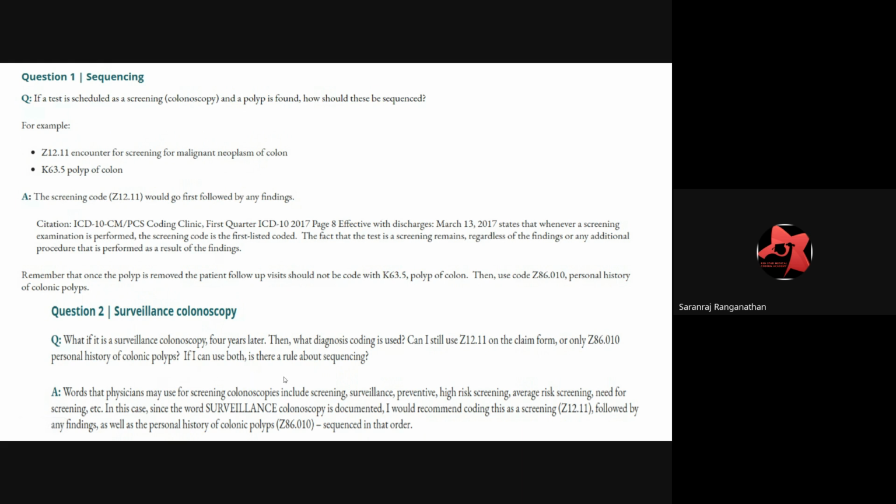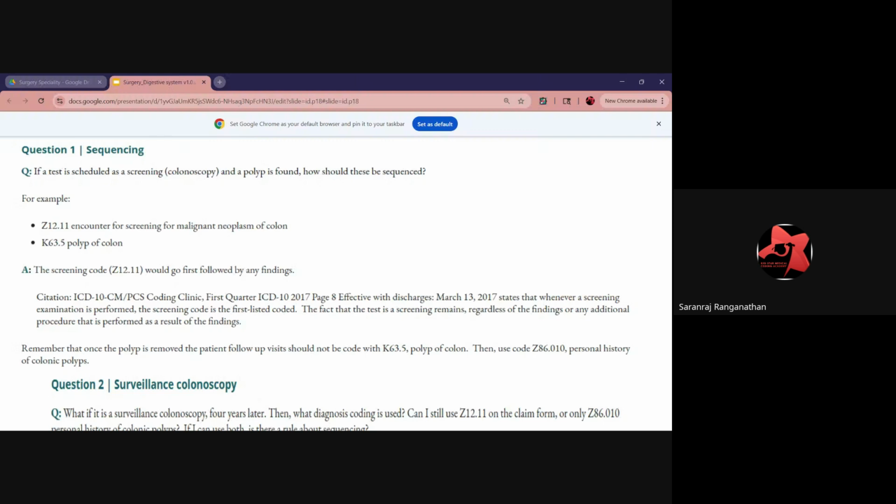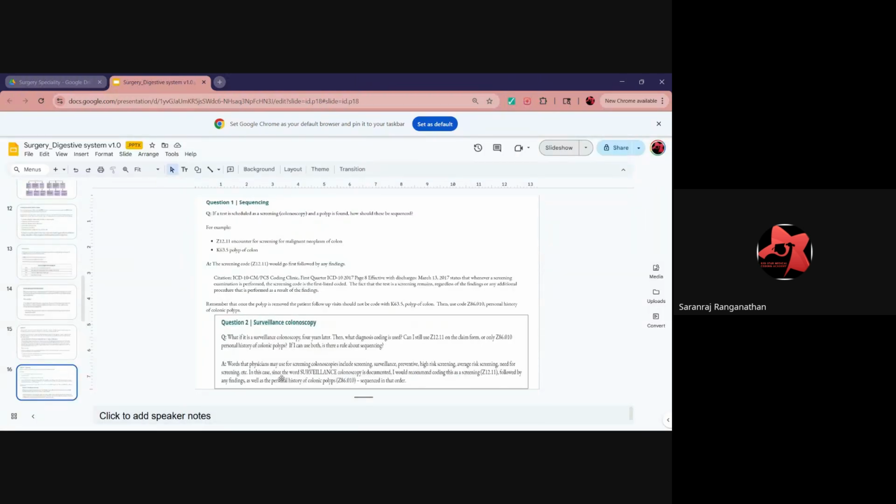Words that a physician may use for screening colonoscopies include screening, surveillance, preventive, high risk screening, average risk screening, need for screening.